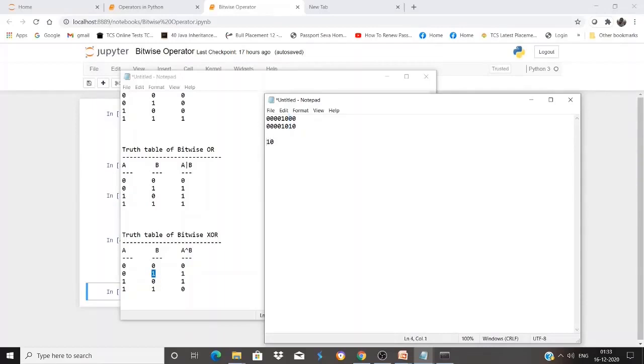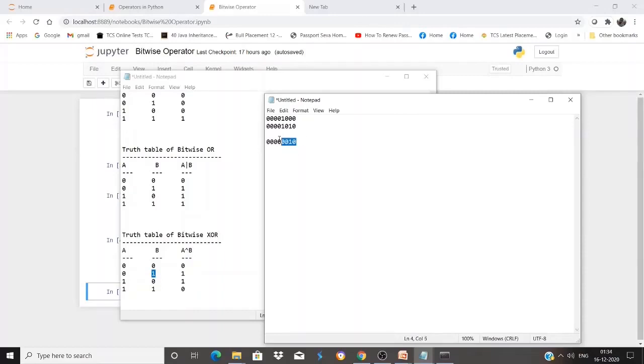Again, we have same bits, that is 0 0, so the output will again be 0. For the fourth bit, we again have same bits, so the output will again be 0. And for all the rest of the bits, for each of them the output bit will be 0. So this is the binary output of the bitwise XOR operator when applied on 8 and 10.